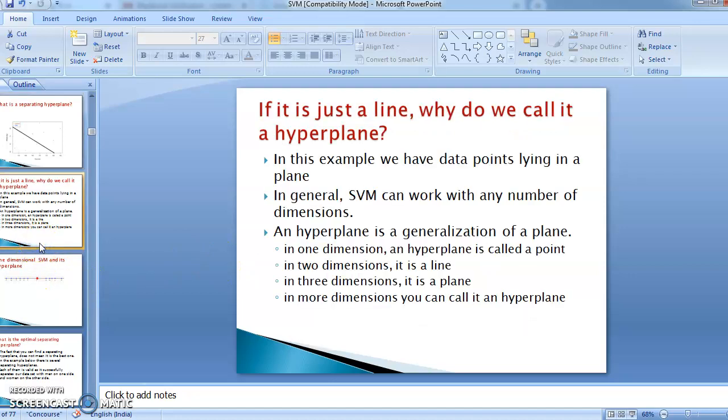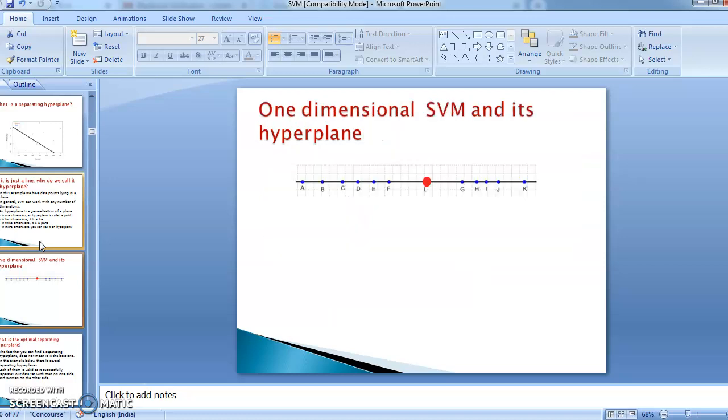So what do we mean by the separating hyperplane? A separating hyperplane is nothing but a line which will divide the two different classes. If our data is one-dimensional, then the separating hyperplane is called a point. This point divides the given data points into two different classes.